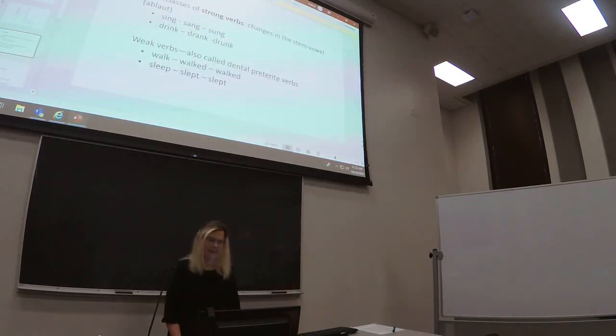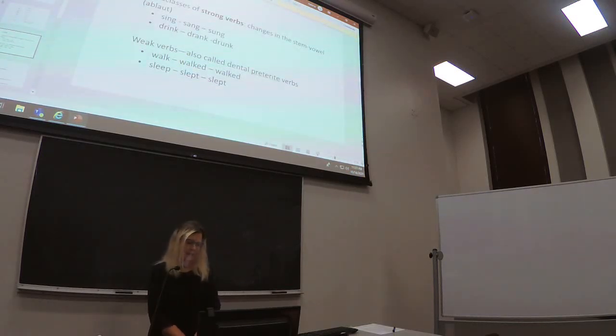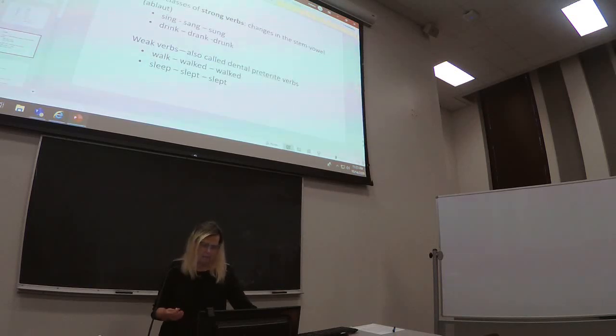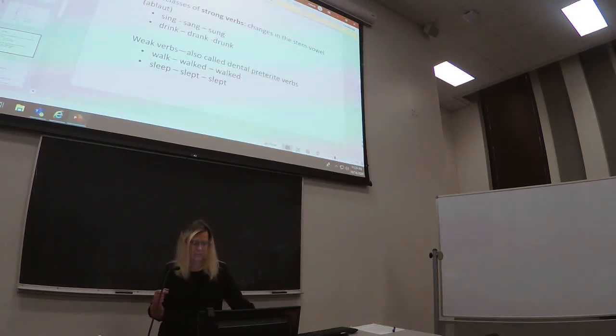Perfect. Okay, so a few words about Old English verbs. Old English had 7 subclasses of strong verbs, which means that these verbs changed their forms for different forms, and they changed in the stem vowel.